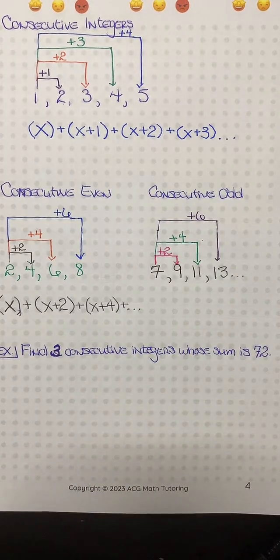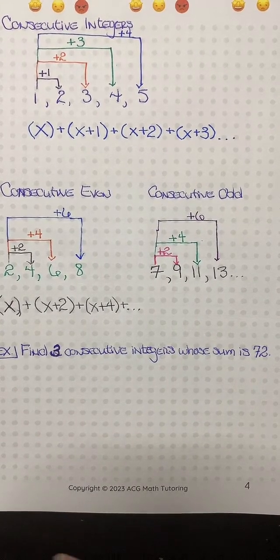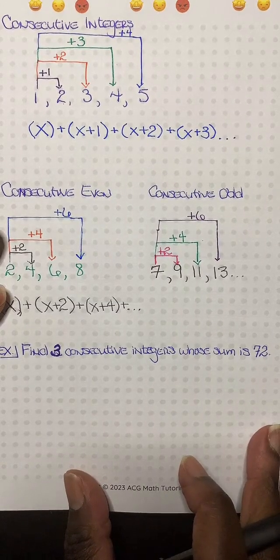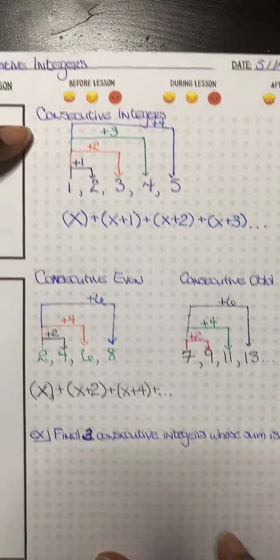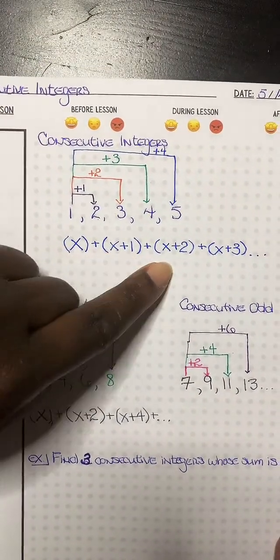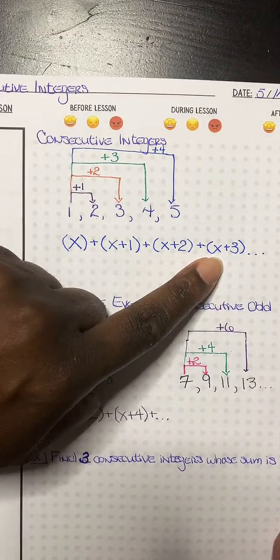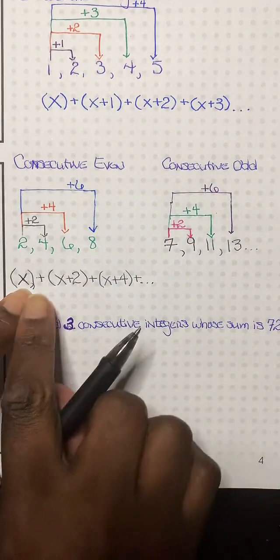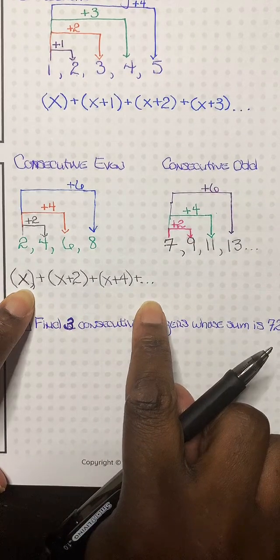A lot of people, when they take these exams, say there are so many formulas that I have to memorize. But if we take a moment, if they say consecutive integer, you're going to take the first number, add 1, add 2, add 3, and so on. If they say consecutive even or consecutive odd, you're doing the same process.